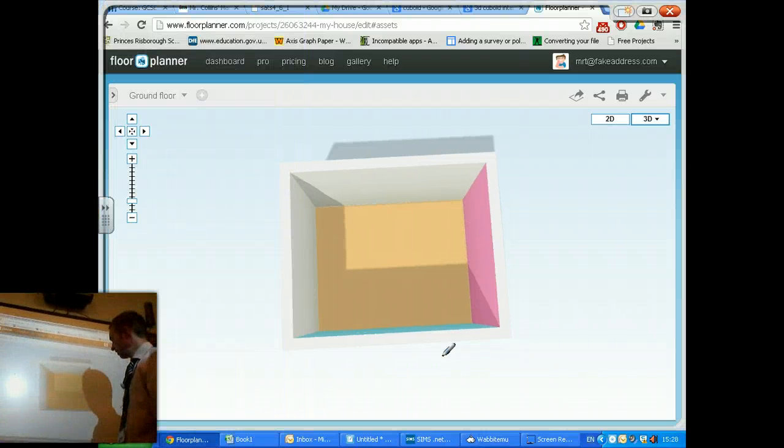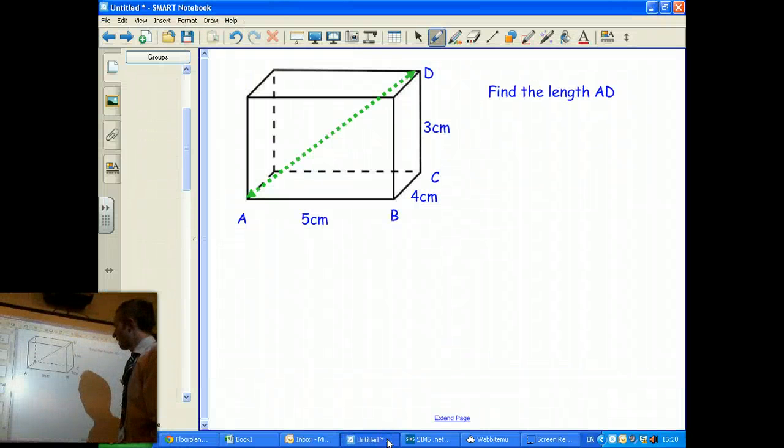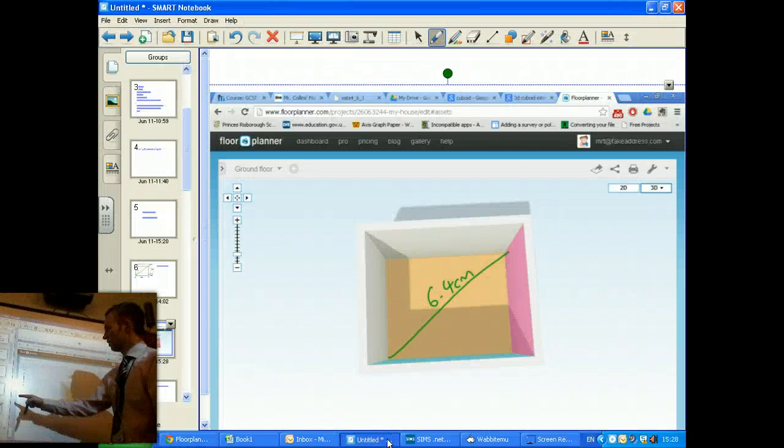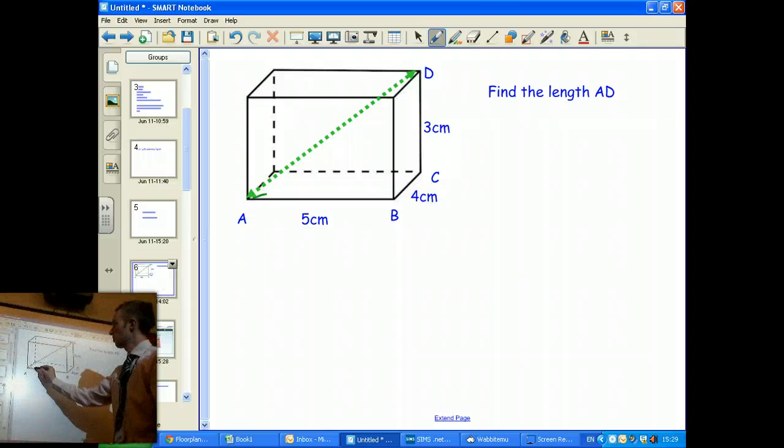So I know back on here that this length here now is 6.4 centimeters. Okay, and so I can go back on to here, and I've worked out that this distance along the bottom here is now 6.4 centimeters.